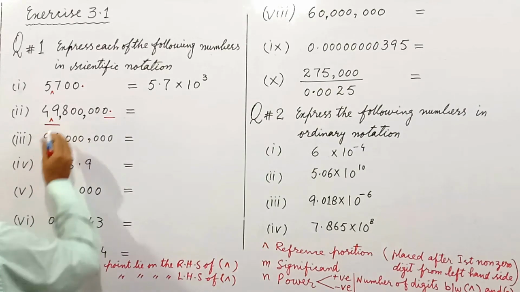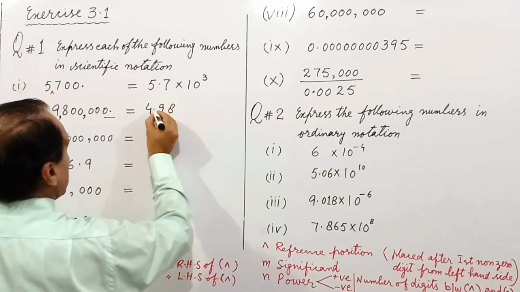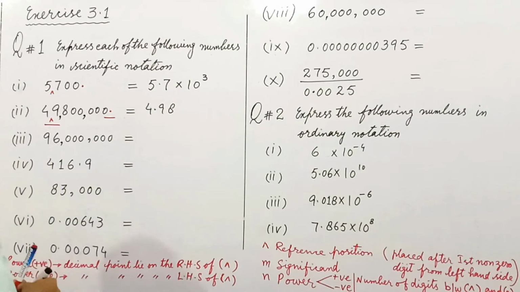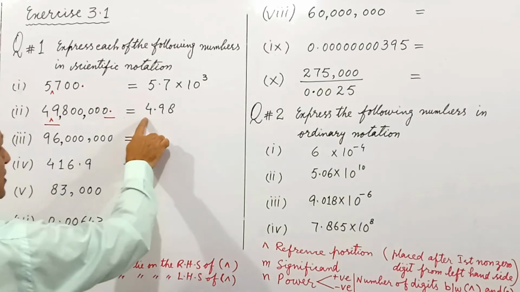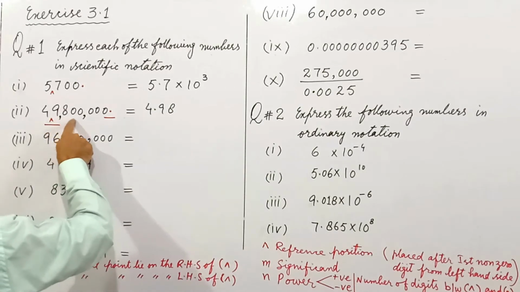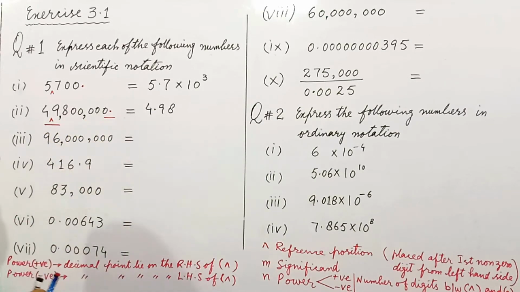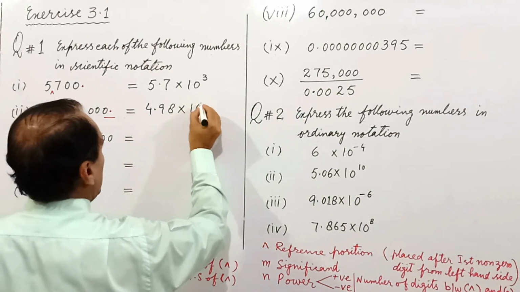Hence the significand will be 4.98, because the new position of the decimal point is between 4 and 9. The second part is written in the form 10 raised to power, and the number of digits will determine the power, that is 1, 2, 3, 4, 5, 6, 7. So we write 4.98 into 10 raised to power 7.